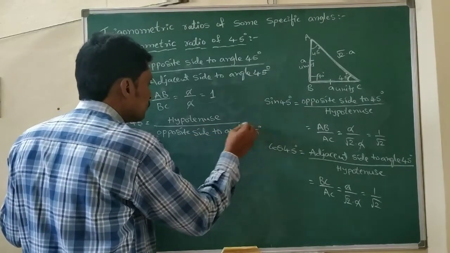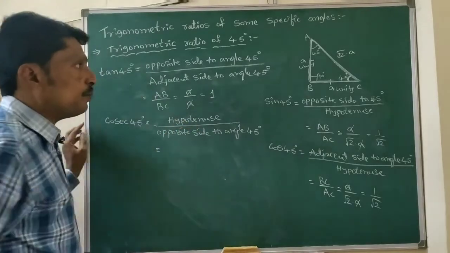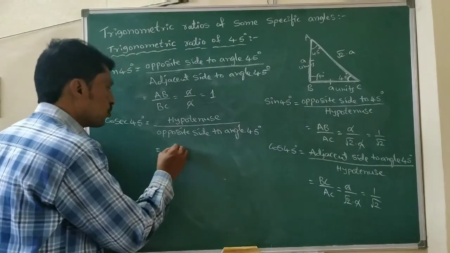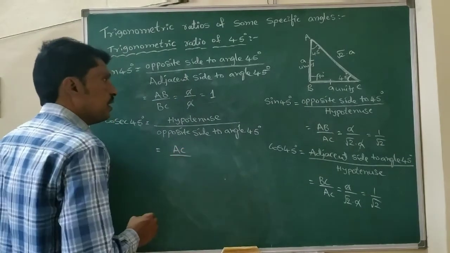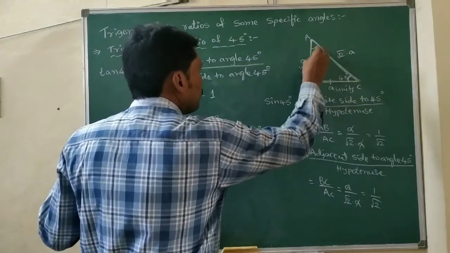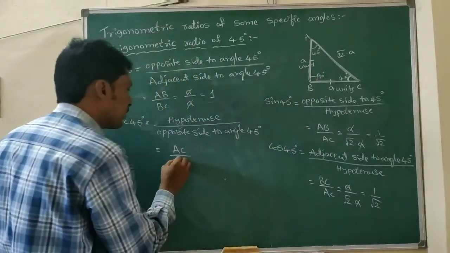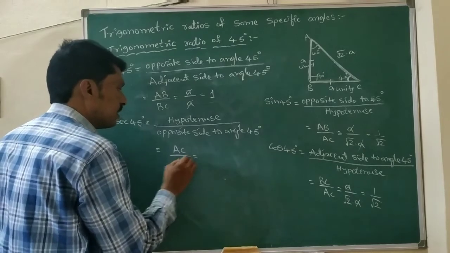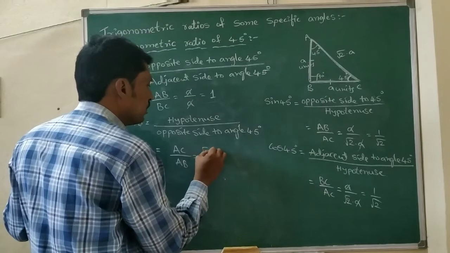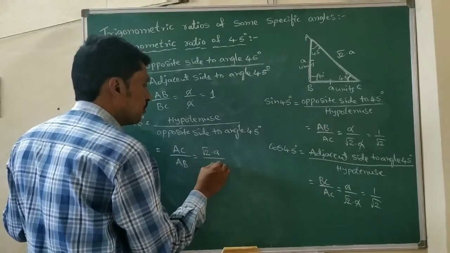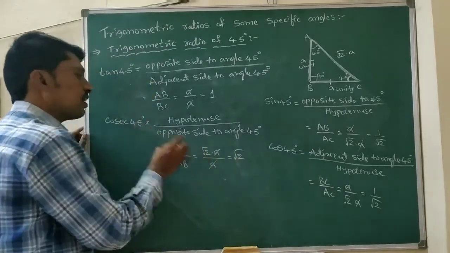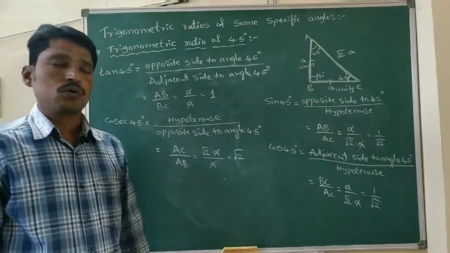AC is the hypotenuse, so AC by the opposite side. With respect to C, AB is the opposite side. So AC value is root 2 into A by AB value A. A and A get cancelled, that is root 2. So cosec 45 equals root 2.